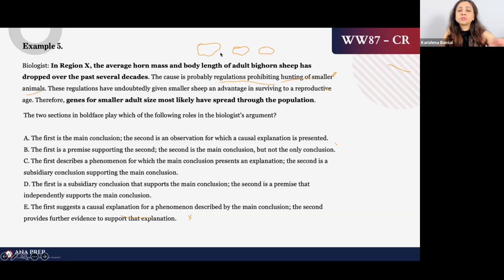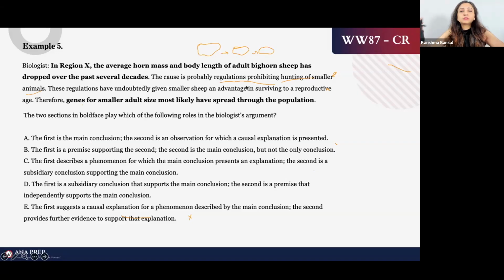Then the author says these regulations have undoubtedly given smaller sheep an advantage in surviving to a reproductive age. And that is why the genes for the smaller adult size have spread across the population, right?